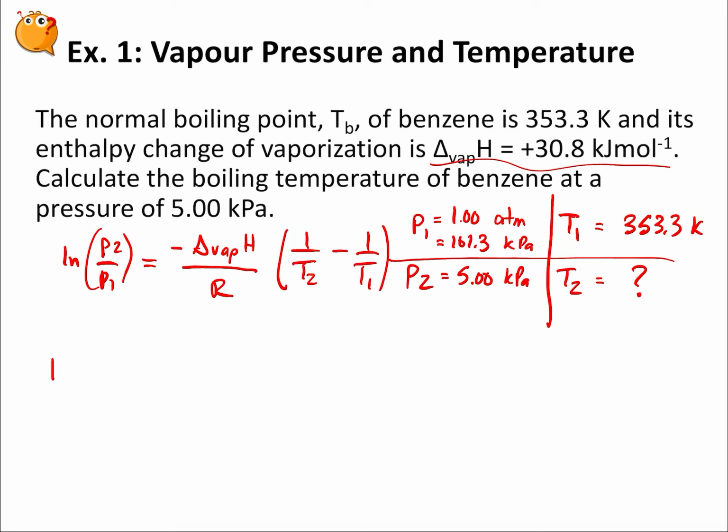We have our natural log of P2, which is 5.00 kilopascals, divided by our P1.